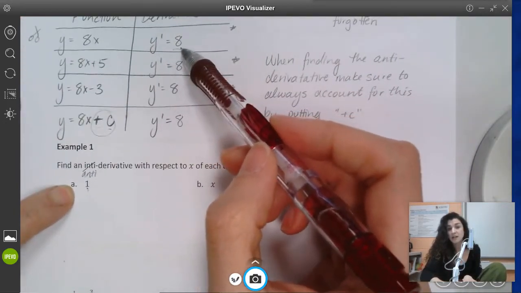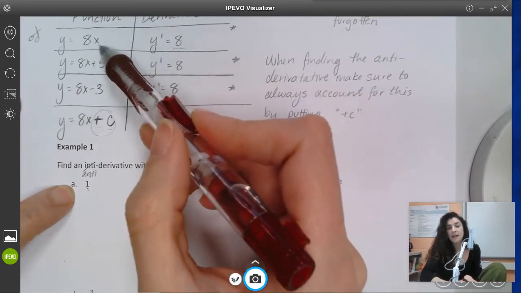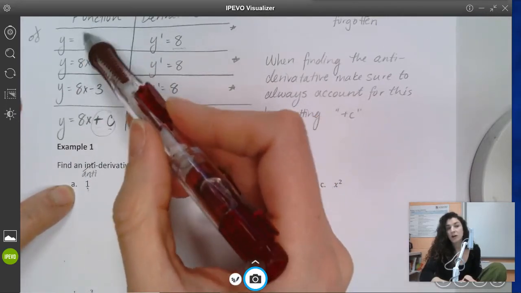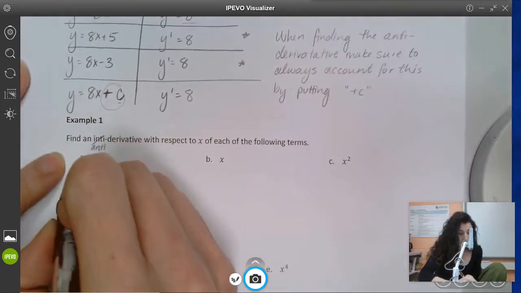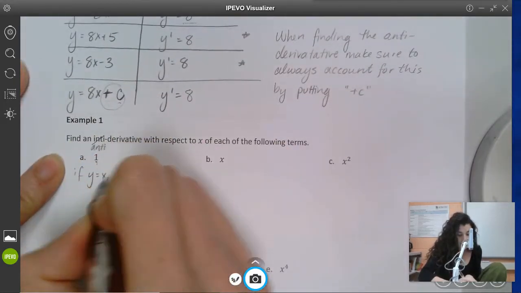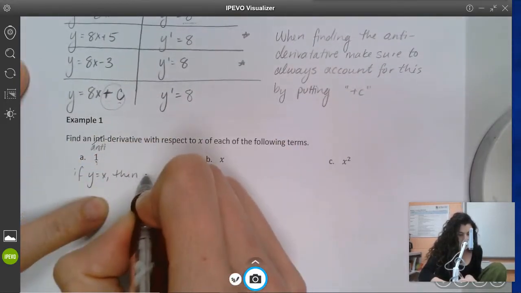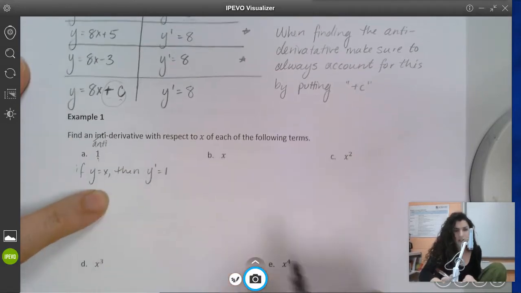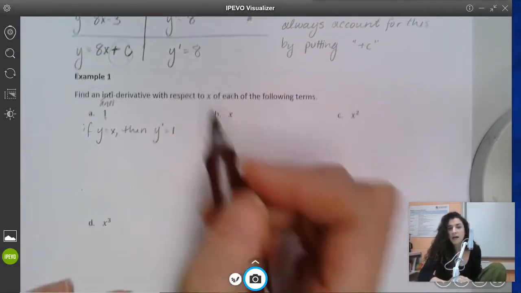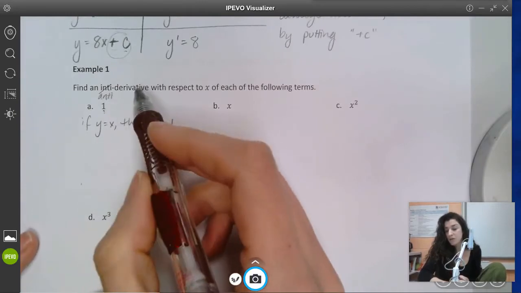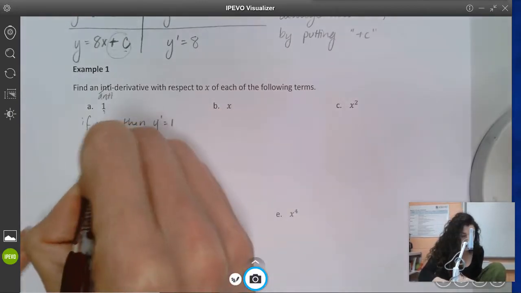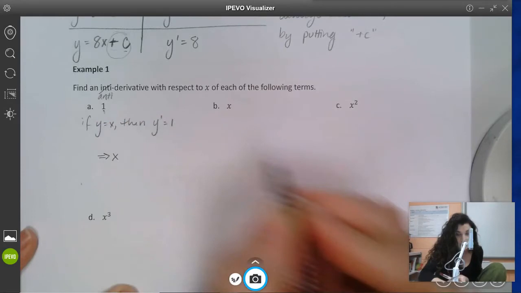If it's just a number with no x attached to it, that means that your original function was an x, right? If y equaled x, then y prime would just be 1. So you can do the antiderivative here and say, oh, well, the antiderivative is just x.